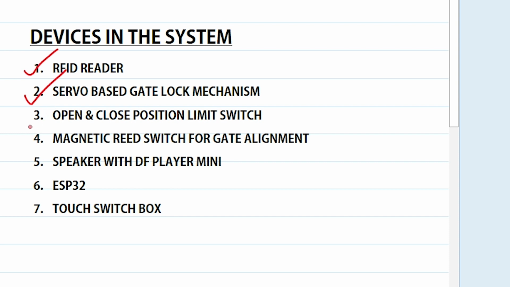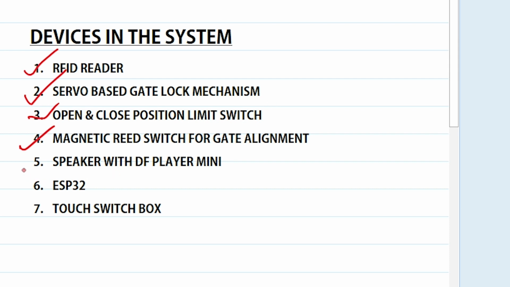Next we have the open and close position limit switch, by which we can understand if the gate lock mechanism is open or closed. And fourth is the magnetic reed switch for gate alignment, by which we can understand if the gate is in open position or closed position to actuate this gate lock mechanism.